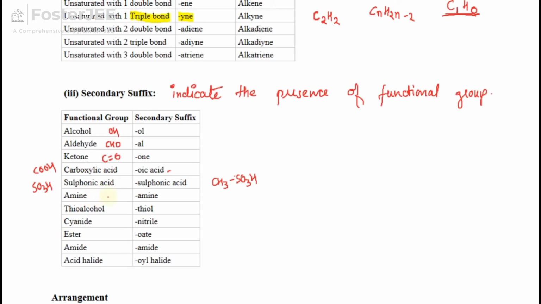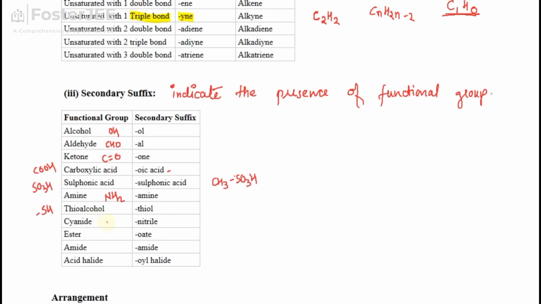Amine is the NH2 group. If the amine group is present, then the suffix will be amine. For example, methylamine, propylamine. And if thioalcohol is present, thioalcohol means the SH group, then the suffix will be thiol. For example, methanethiol.